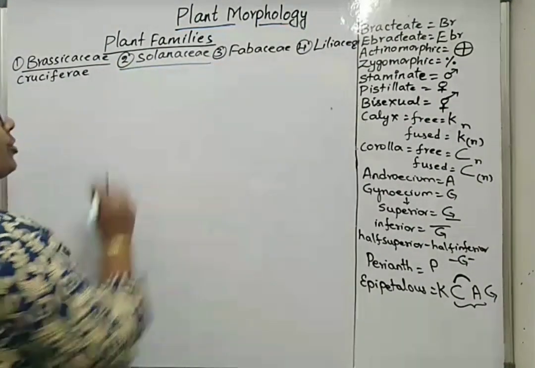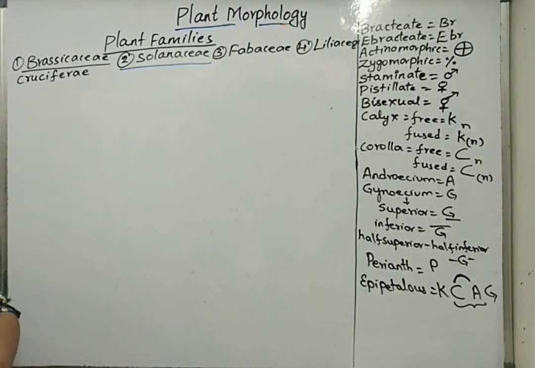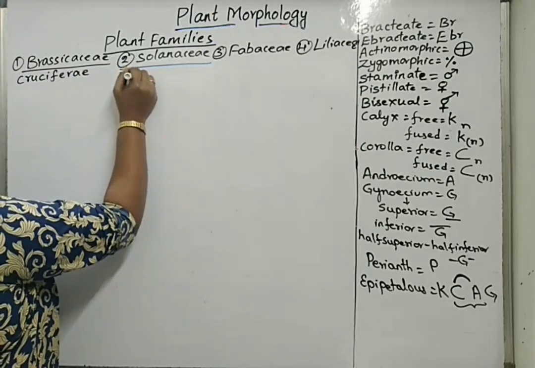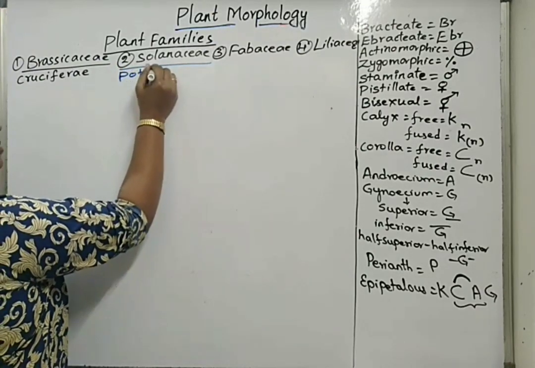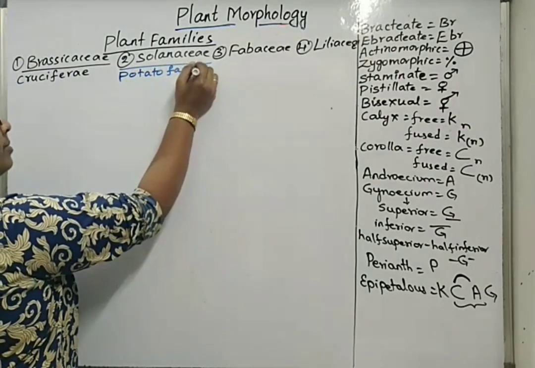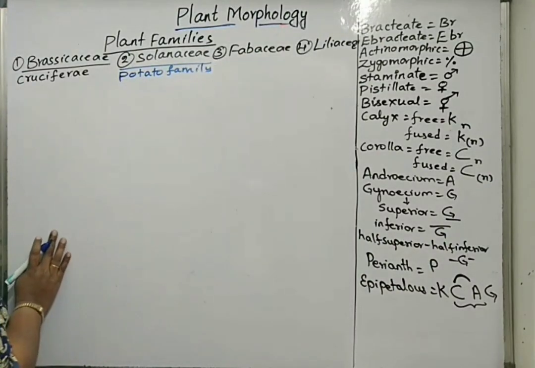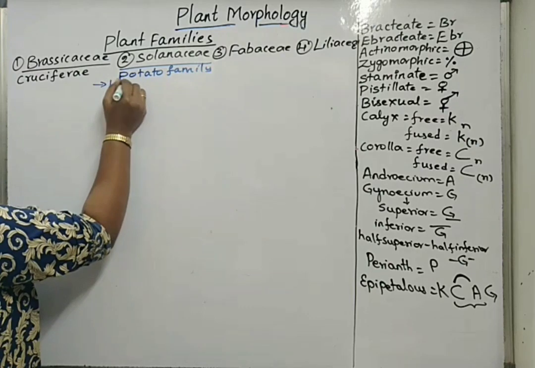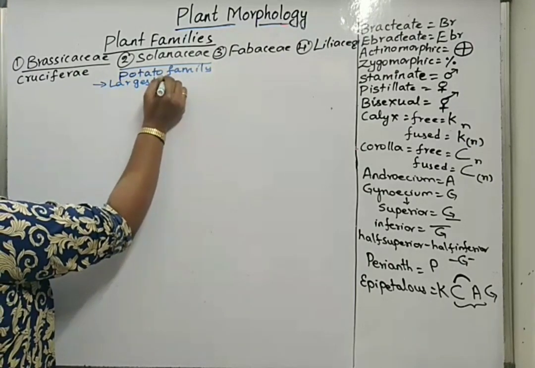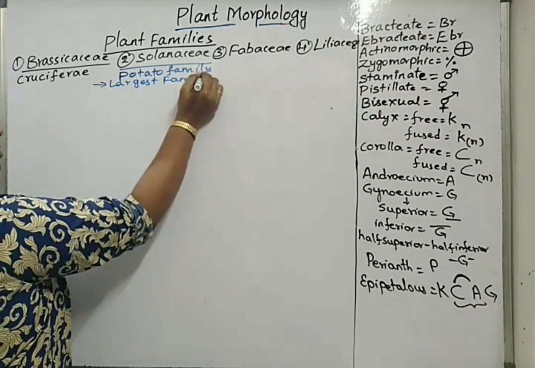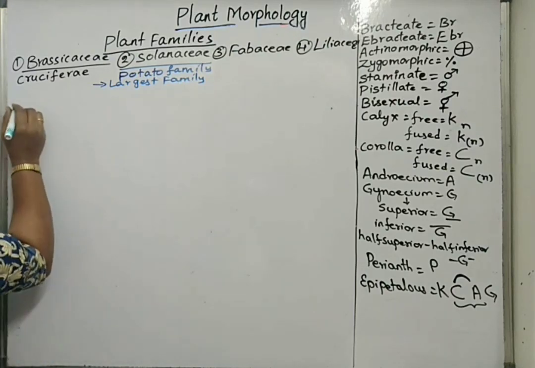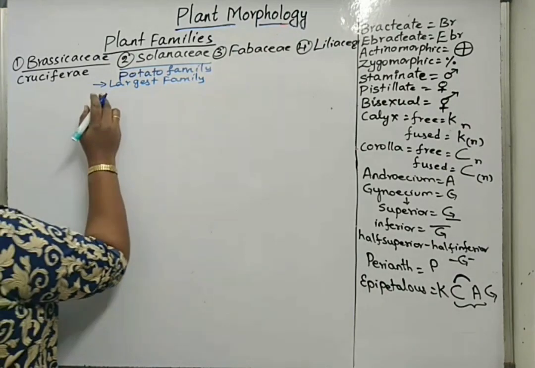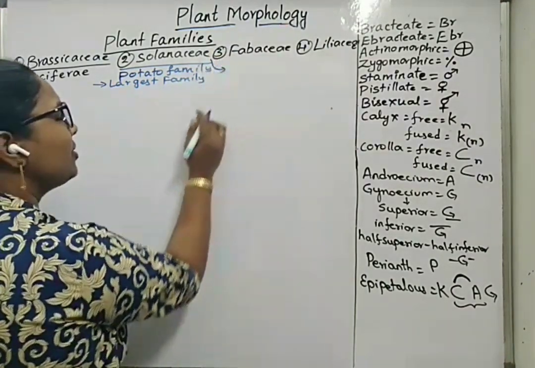Now we will see about Solanaceae family members, also called the potato family. Solanaceae family members are considered one of the largest of plant families. Most of the Solanaceae family members are herbs and shrubs.